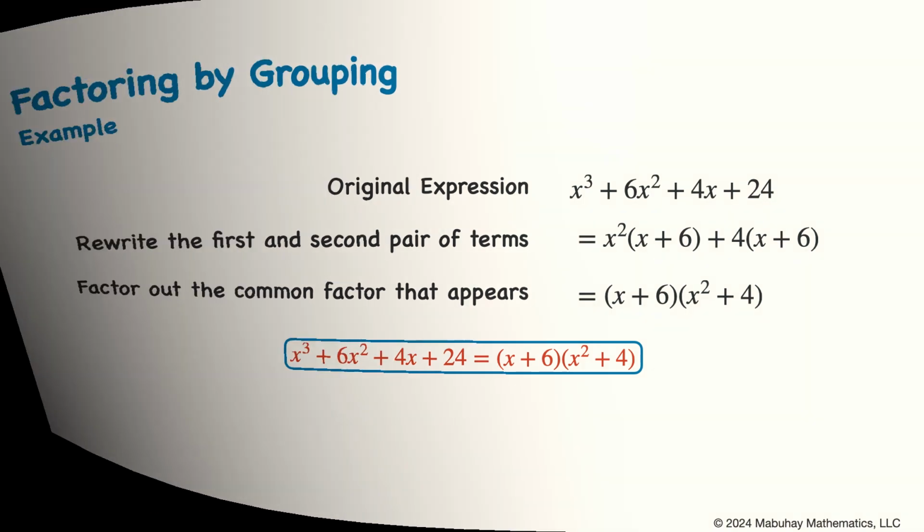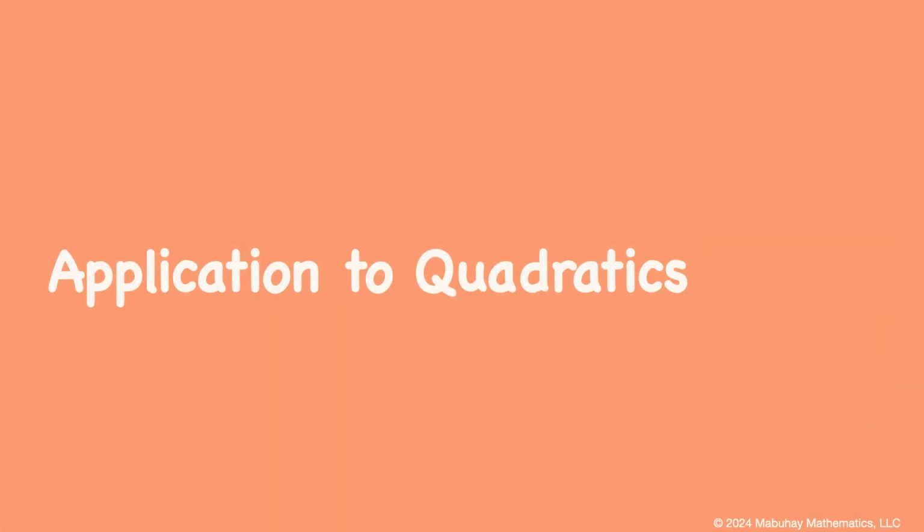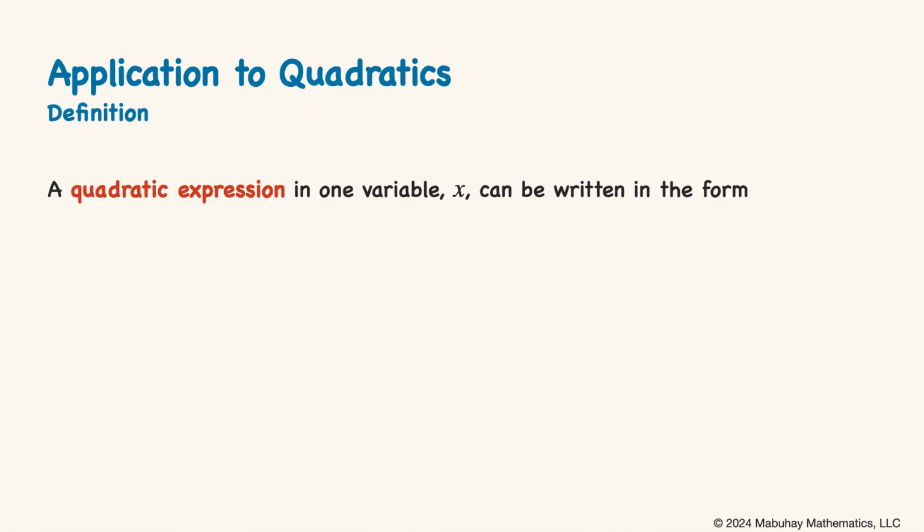We're going to first review what we mean when we talk about quadratics. A quadratic expression, for now we're just dealing with one variable at a time, say x, is any expression that we can write as a times x squared plus b times x plus c.